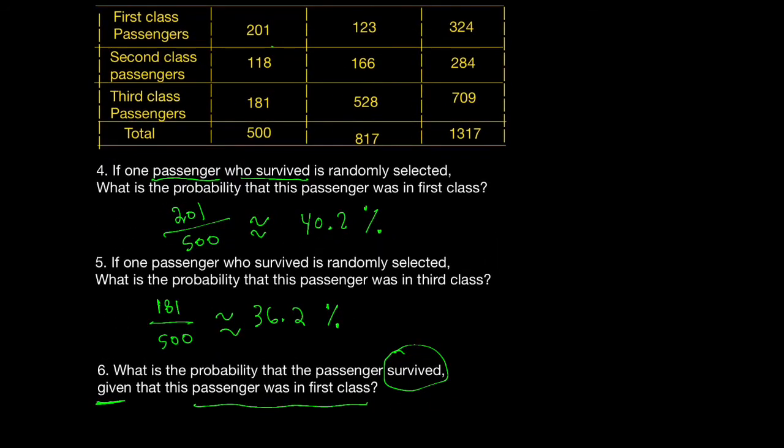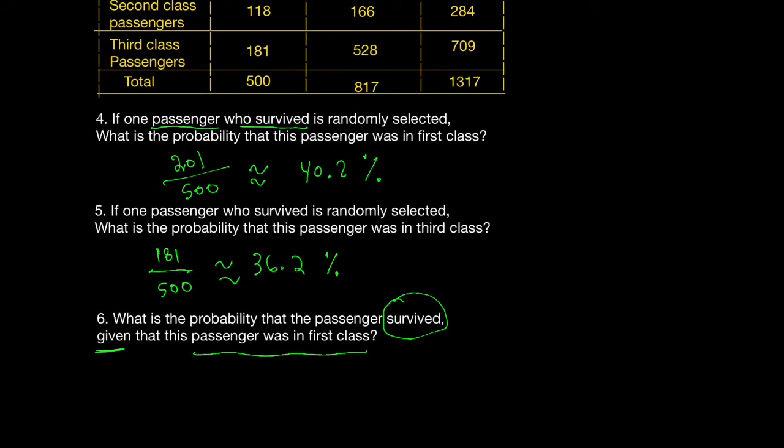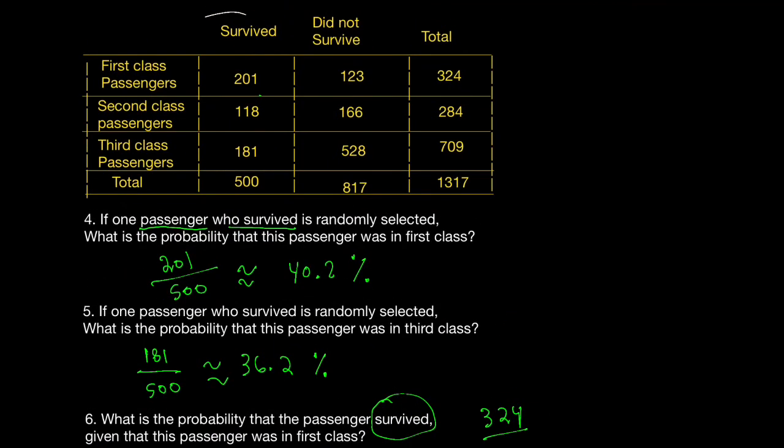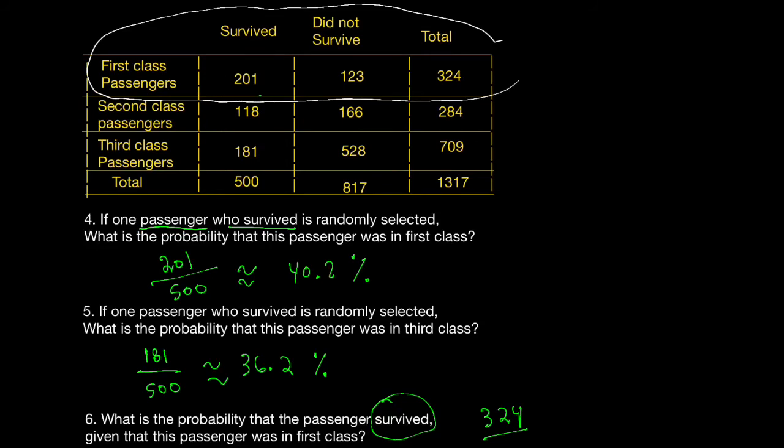The passengers in first class, that's these 324. Now, out of these 324, how many of them survived? Well, now we're going to look at the items right here. Actually, let me draw this little circle representing my new subset of first class passengers.